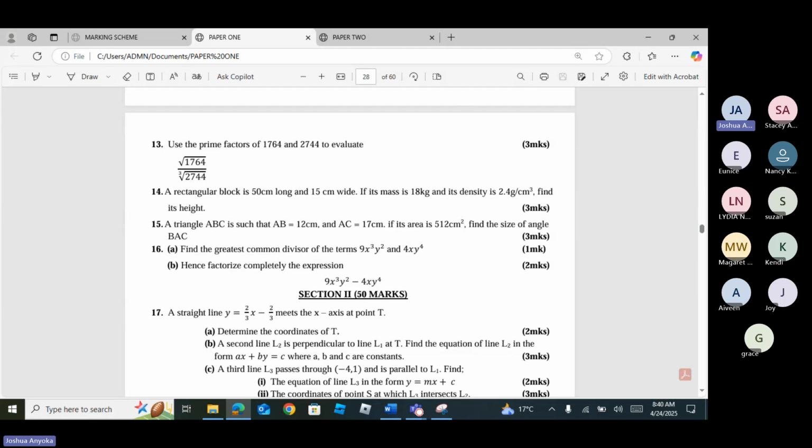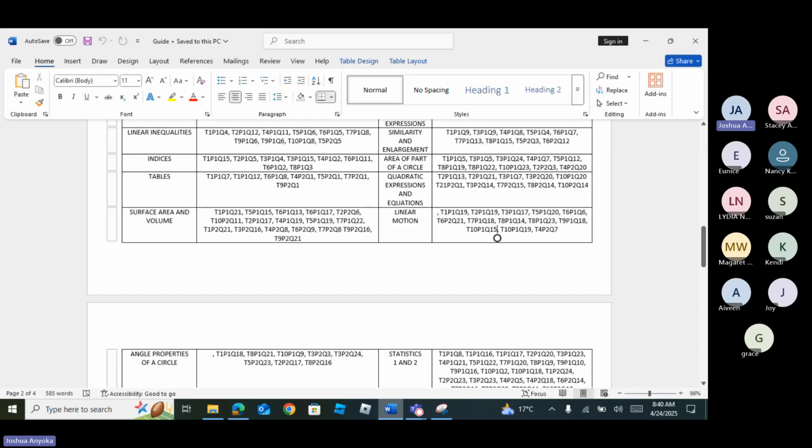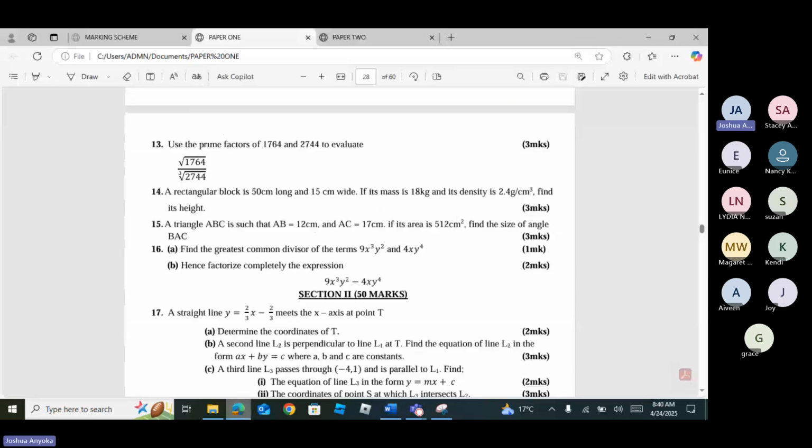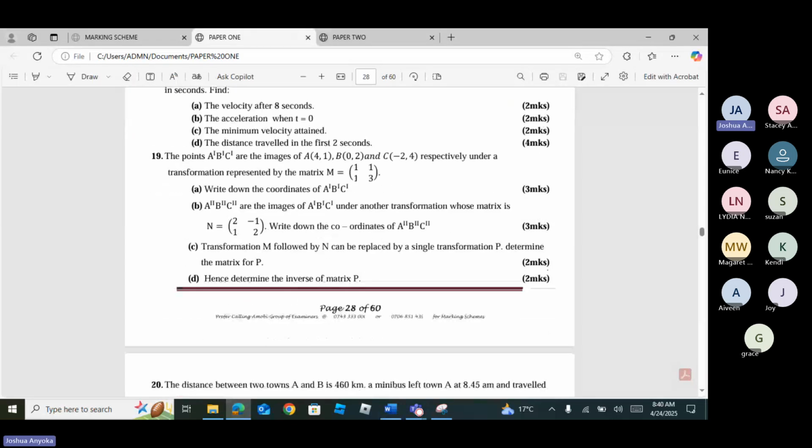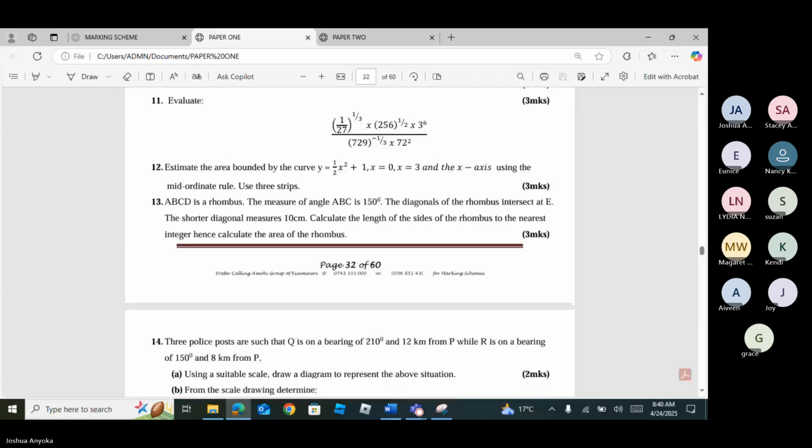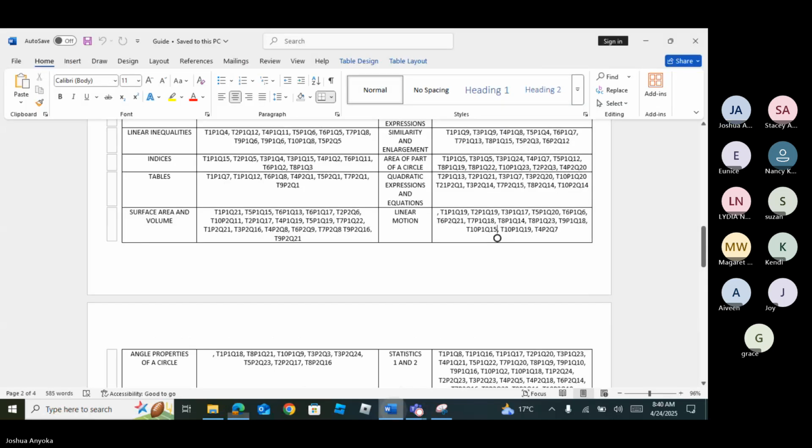If its area is 512, find the size of an angle. That one does not lie in what we want. That's the area of plane figures. Trial 6, paper 1, question 13. That's the area of a plane figure. Trial 6, paper 1, question 17.